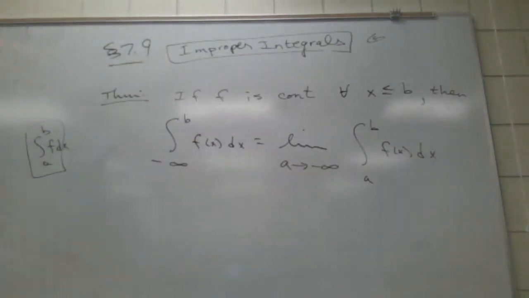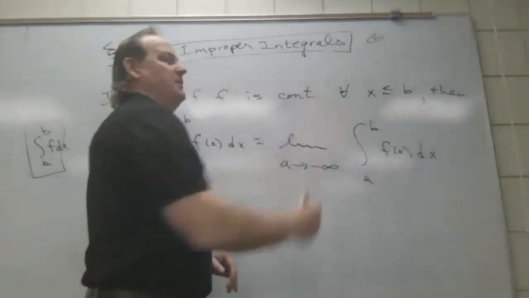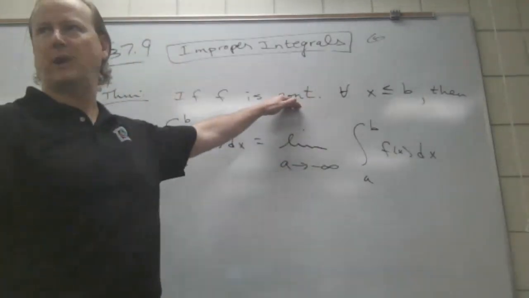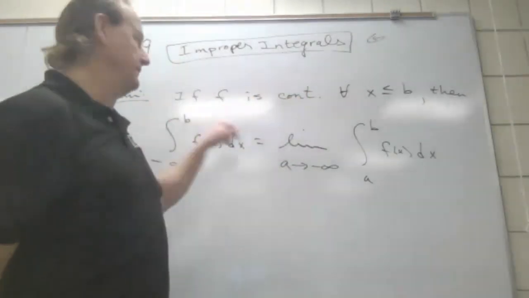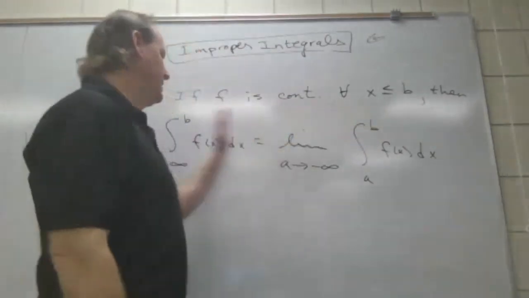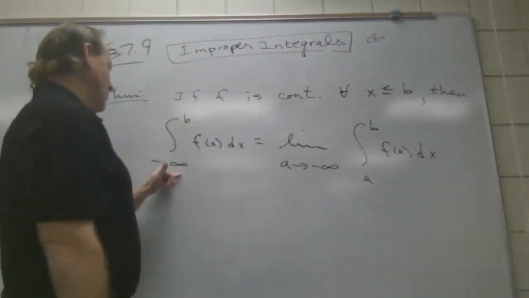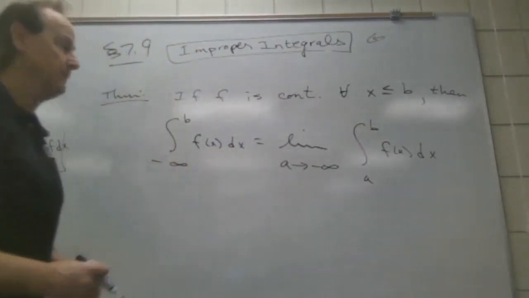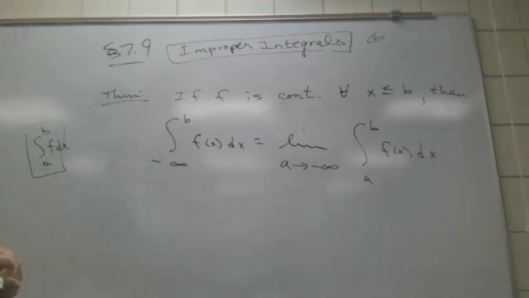So we have this one as well. And once again, what do we need? We need continuity. We need to be able to draw this thing without lifting our pen left of, in this case, left of b, because that's where I'm going.